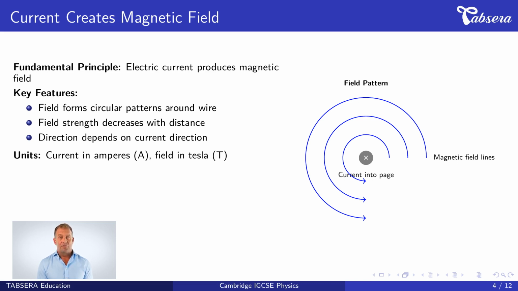Second, field strength decreases with distance from the wire, following an inverse relationship. Third, direction depends on current direction. Reversing current reverses field direction. We measure current in amperes, symbol A, and magnetic field strength in Tesla, symbol T. The diagram shows field lines as concentric circles around a wire carrying current into the page, indicated by the cross symbol.